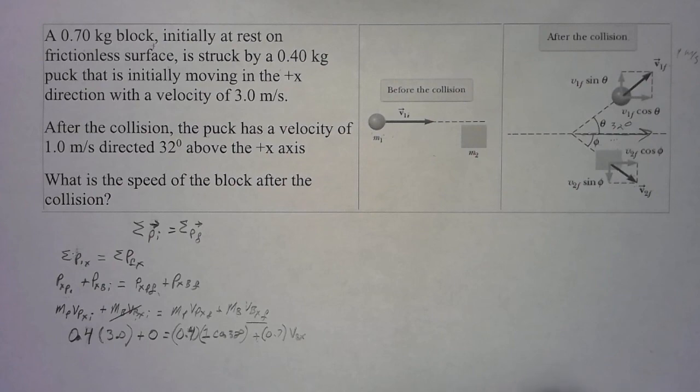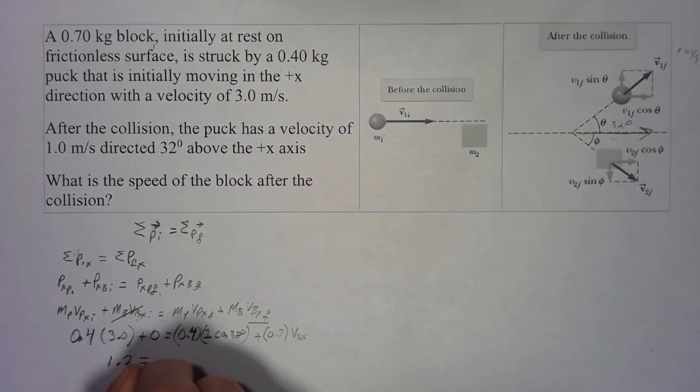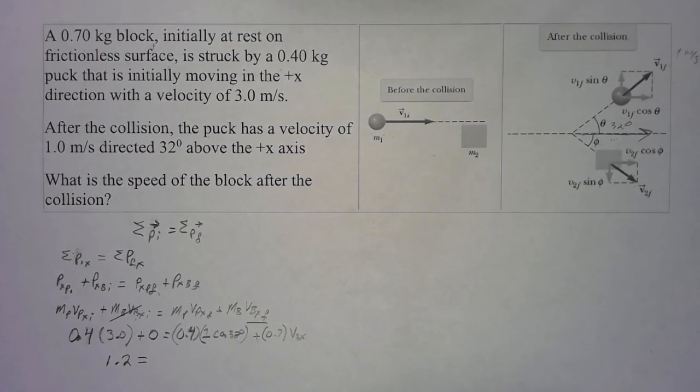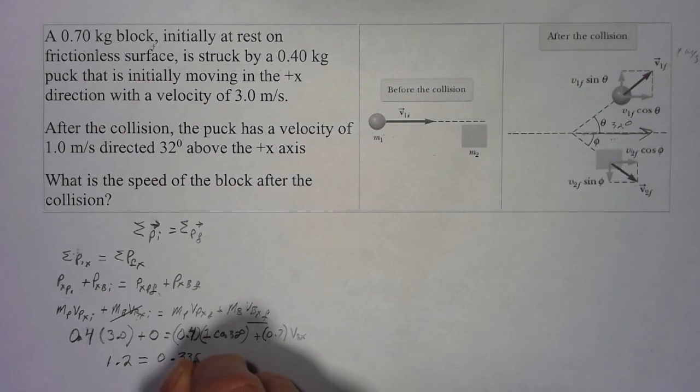0.4 times 3 is 1.2. That 1.2, we got 0.4 times 1 times the cosine of 32. That's going to give us 0.3392.